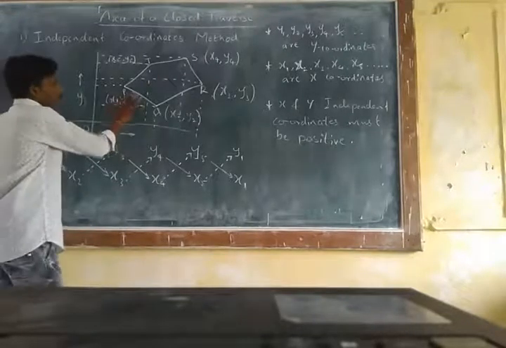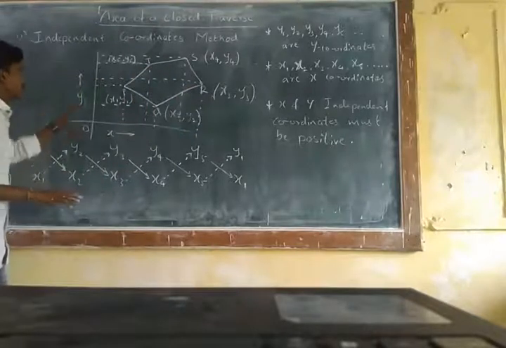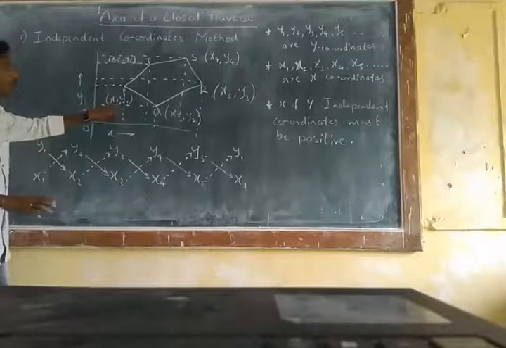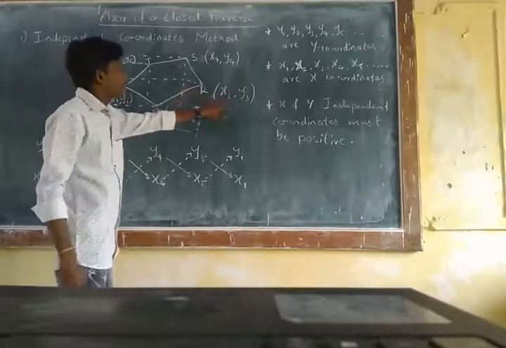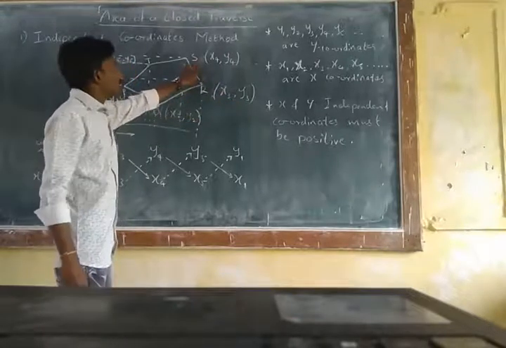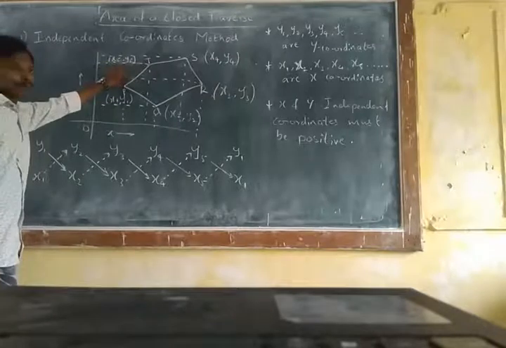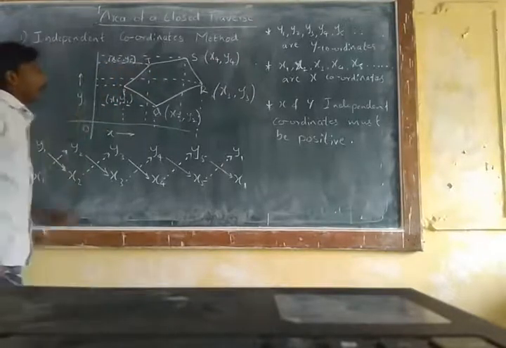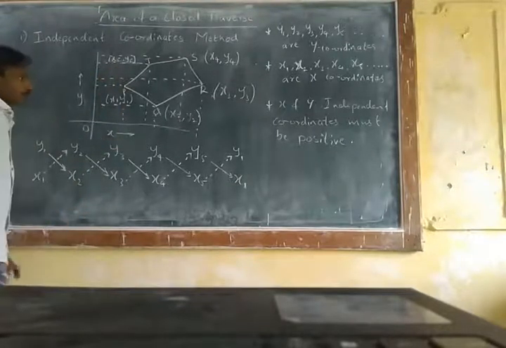Now every single point of the traverse has the independent coordinates. So the independent coordinates of P are x1 and y1, and for Q x2 and y2, and for R x3 and y3, for S x4 y4, and for T x5 y5. So for this closed traverse we have 5 coordinates up to x5 and y5.